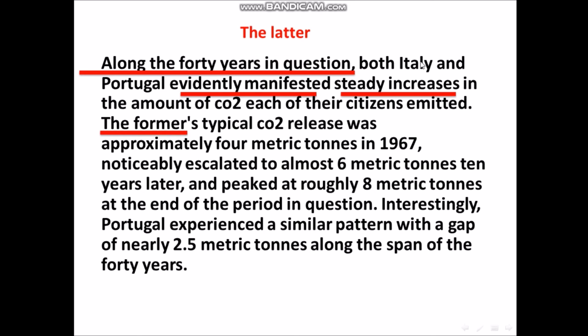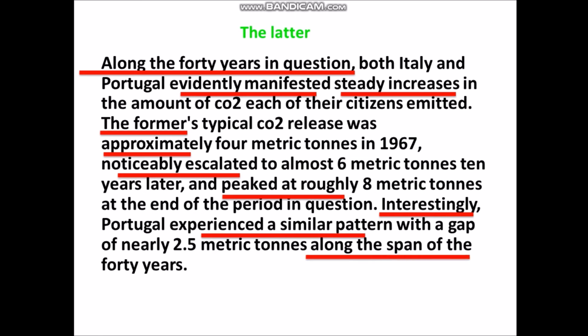Former refers to Italy. The latter, which I did not choose to use, refers to Portugal. Approximately, noticeably escalated, peaked at roughly. Interestingly, experienced a similar pattern, along the span of the 40 years.